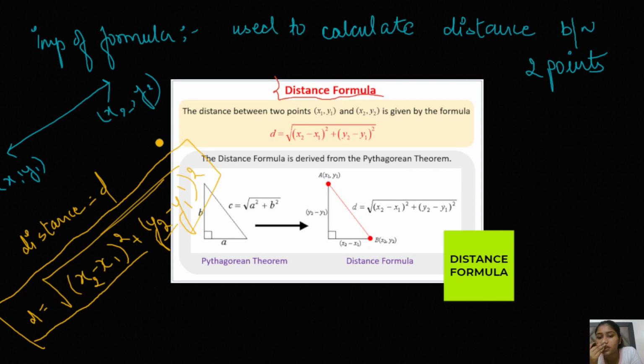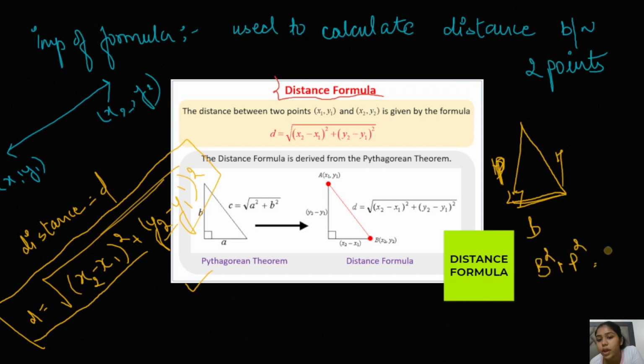This formula is derived from Pythagoras. As you can see, in the case of Pythagoras theorem, this is a right triangle. In this particular case, this is your base, this is your perpendicular, and this is your hypotenuse, right? So the formula was b square plus p square equals h square. So h will be equal to root over b square plus p square.